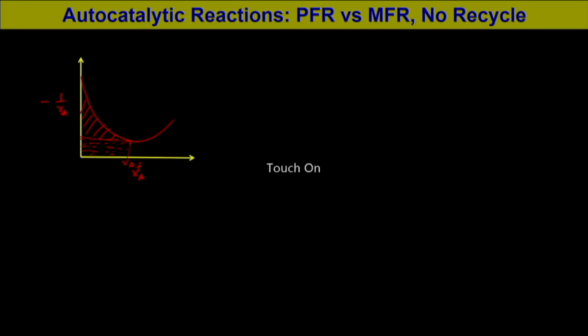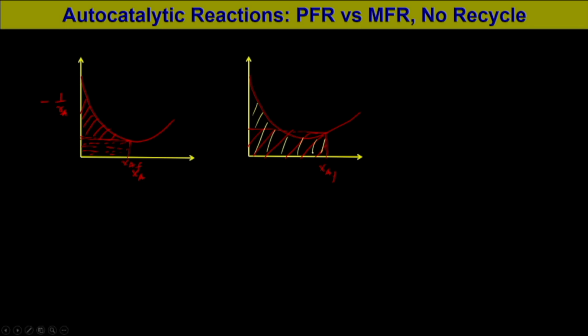Now, 3 cases we will see. In another case, if we take the conversion, initial conversion is high, say XAF, the CSTR would take the volume this much, whereas PFR will take the volume this one.